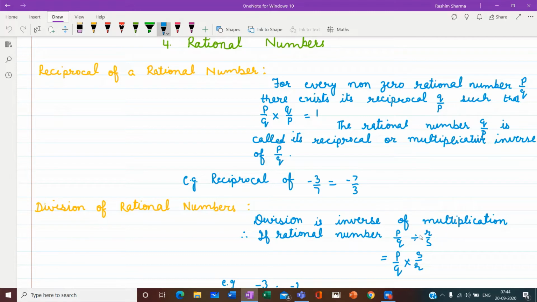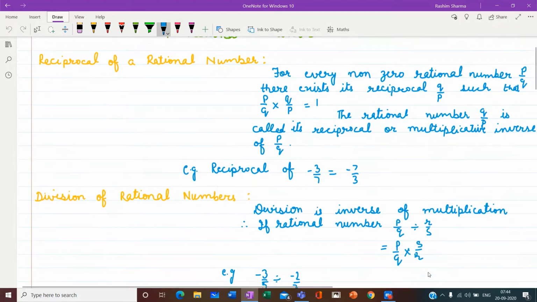We have to write inverse for the number after division sign. Alright. So here we do p upon q and division changes to multiplication, and here we exchange the numbers s and r. So we write p upon q into s upon r.